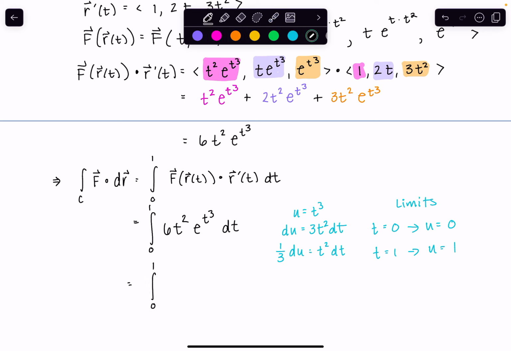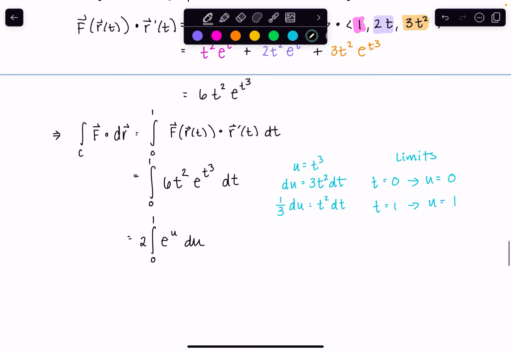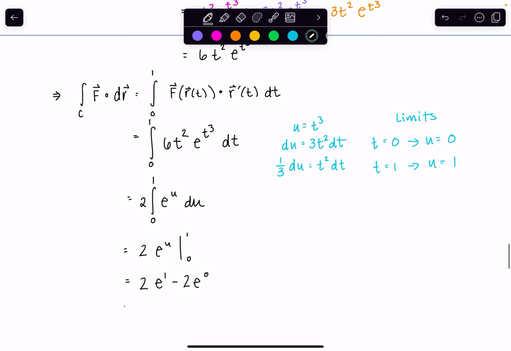So this is the integral from 0 to 1 of e to the u du with a 2 out front. The antiderivative of e to the u is e to the u, evaluated from 0 to 1. So that's 2e to the first minus 2e to the 0. And so the work that you would do to walk along this particular path in this vector field would be equal to 2e minus 2.